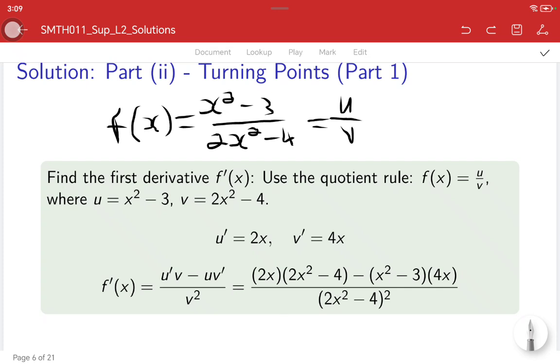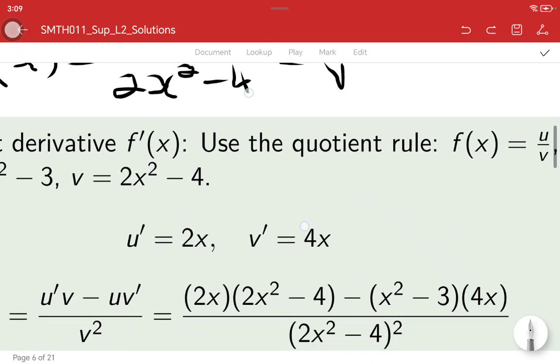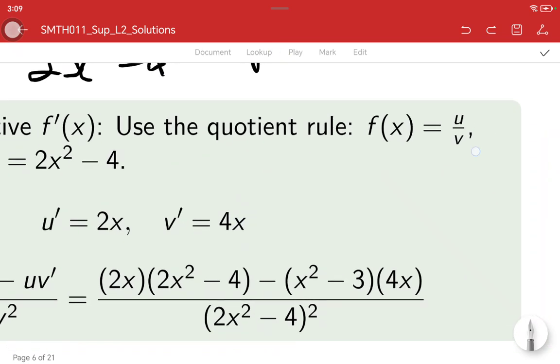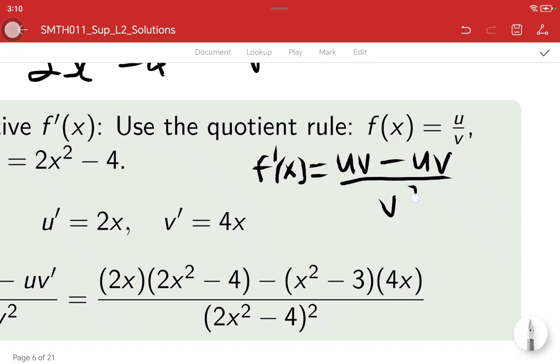Then for me to use the quotient rule, let's say we have this. The quotient rule says that f prime of x will be equal to, remember last time I said that you can just remember it as u prime v minus u v prime, all over v squared. And we know that the numerator should be the one to have a prime first, right?